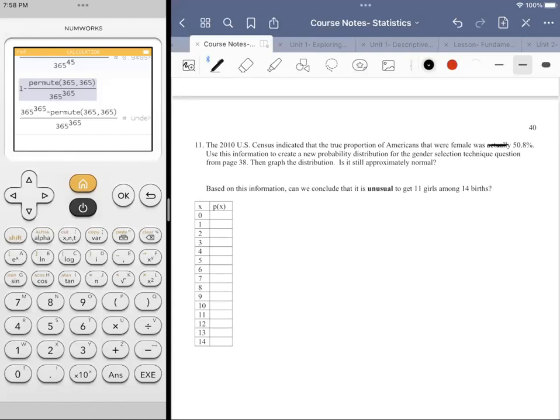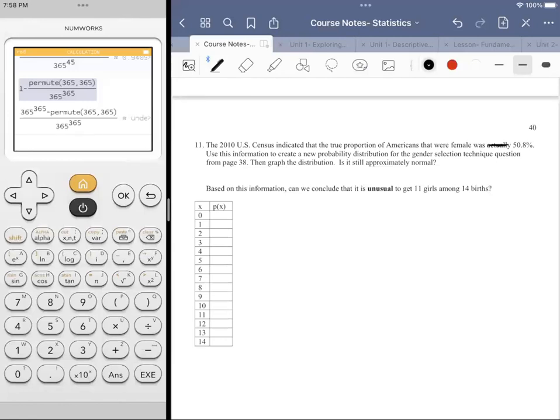So it was like, what do you think the percentage was? And then the follow-up question was, well, it turned out the percentage was actually this. So it doesn't make sense in this context. But yeah, use the information to create a new probability distribution for the gender selection technique question from page 38. Then graph the distribution. And is it still approximately normal?